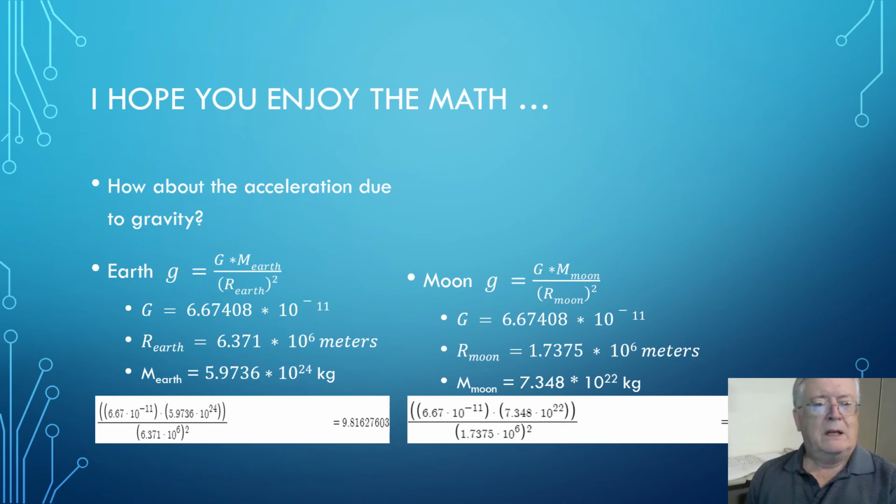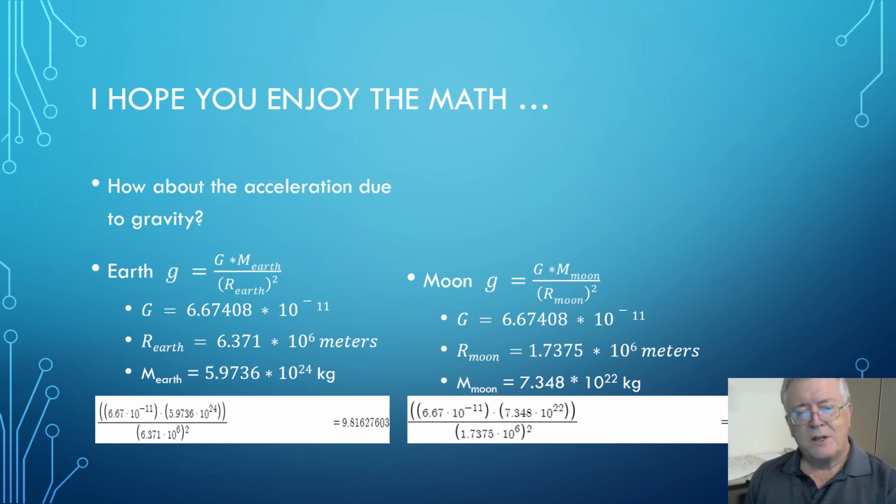So, since we're all excited and we've done this once, let's do it again. So, little g on the moon, we have our equation there. Big G again, the radius of the moon, 1.7375 times 10 to the 6th meters.